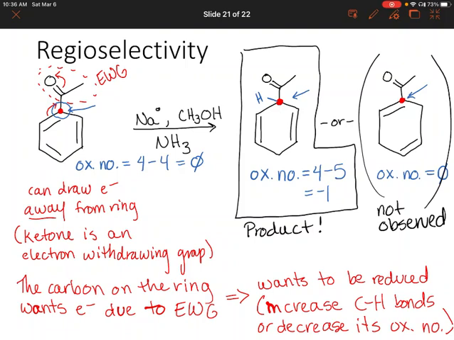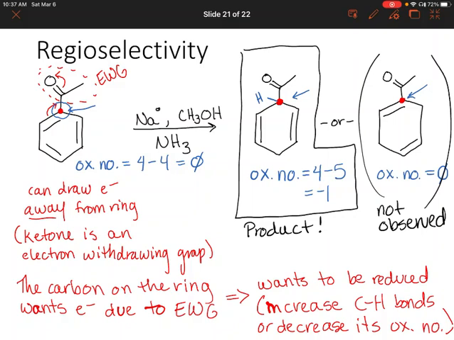So again, in this reaction, we did a Birch reduction, and we saw that we could potentially have two products. There were two potential outcomes here. But because we had an electron withdrawing group, the carbon attached to that electron withdrawing group really wanted to gain some electrons back.